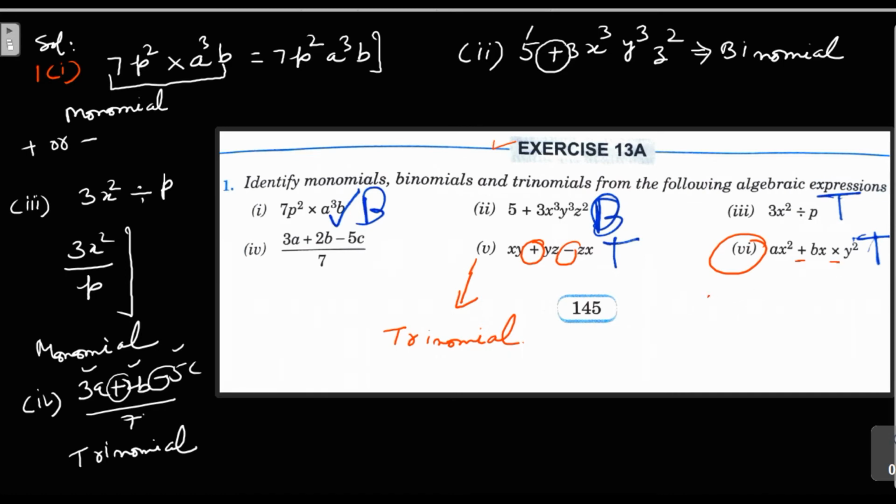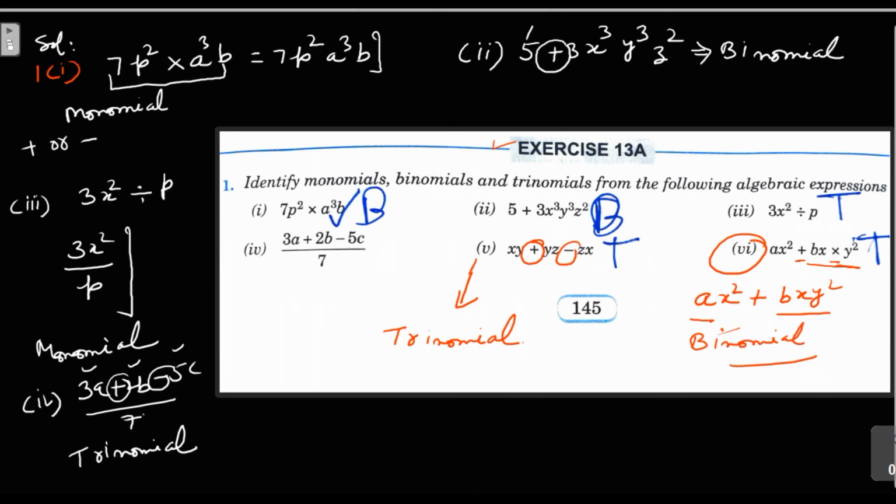After multiplication this would become bxy square. So how many terms? 2 terms, so it is a binomial, right students. So this was your first question.